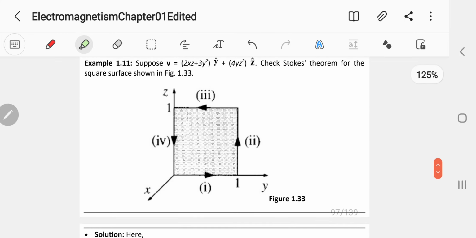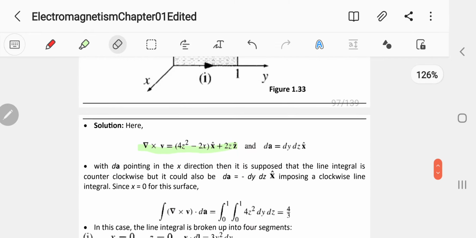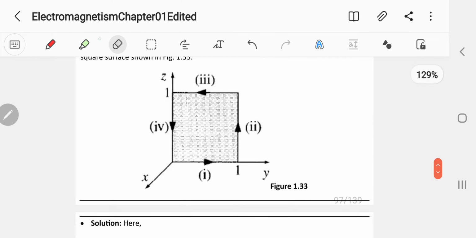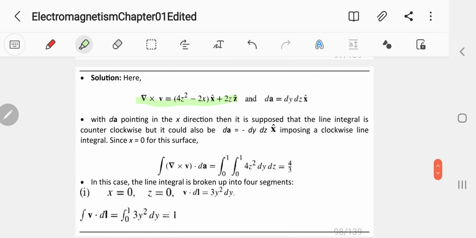Using your right hand rule, this is a path going counterclockwise, so your dA must be pointing in the positive x direction, out of the page. So your dA is just dy dz, because this is the zy plane. So dy dz x hat.